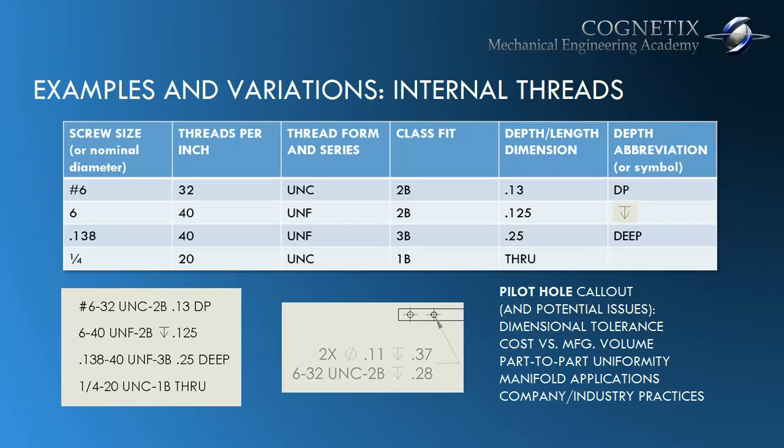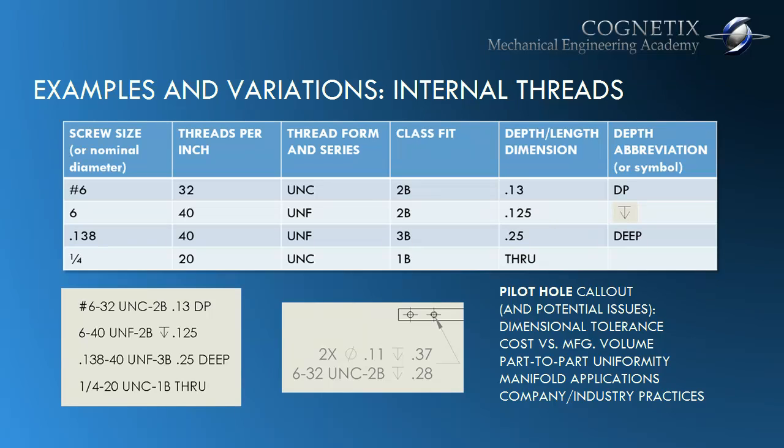The length or depth, well, in this case, we're talking about internal threads, so it would be the depth of the thread. On the first row, we have 0.13. On the second row, we have 0.125. They're about the same, but in this particular case, 0.125 could represent plus minus 5 thousandths of an inch, for example, if that's what the tolerance block on the title block says. 0.13 would correspond to 2 decimal places.